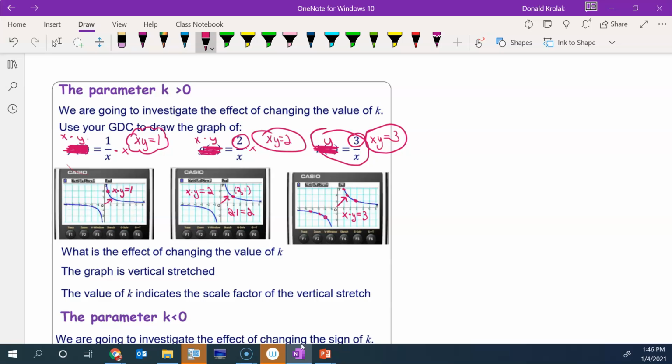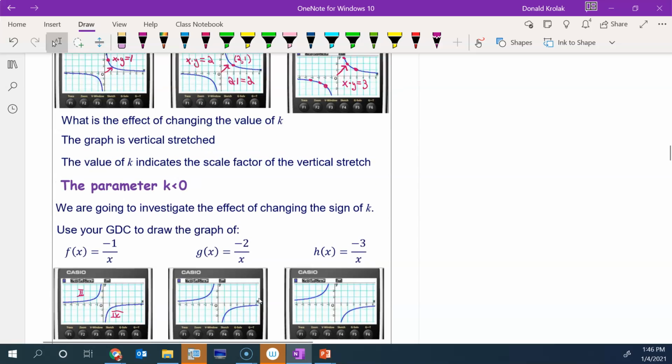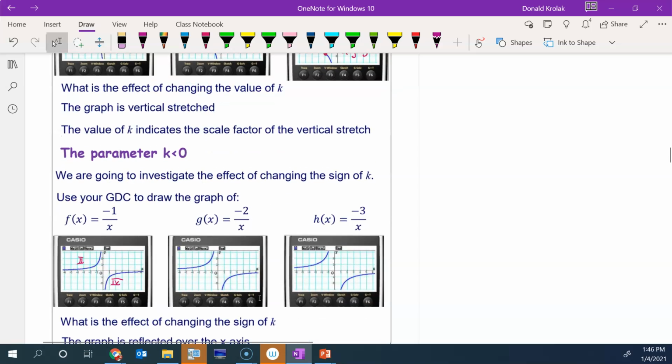This vertically stretches it by a factor of 3. If any of those top numbers were negative, all it did was take the graph and switch it to quadrants 2 and 4. That was a flip over the x-axis. That's what this does. It flips it over the x-axis.